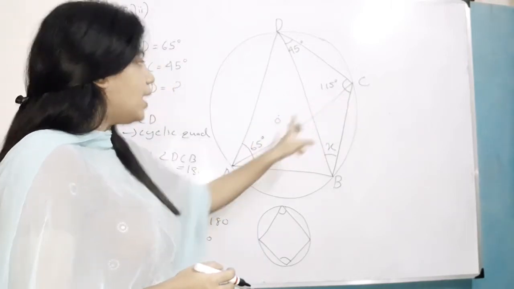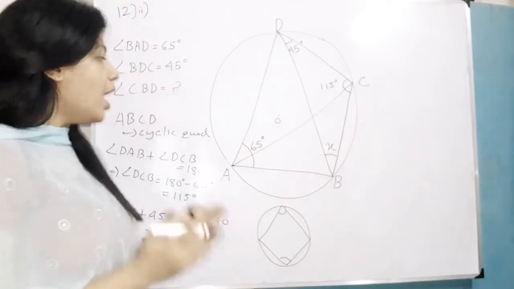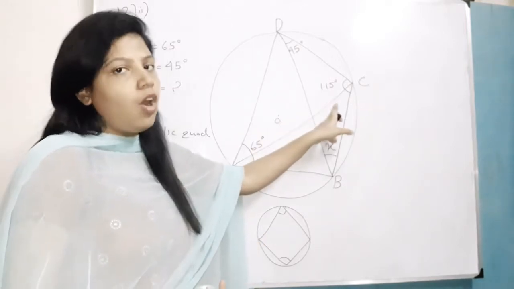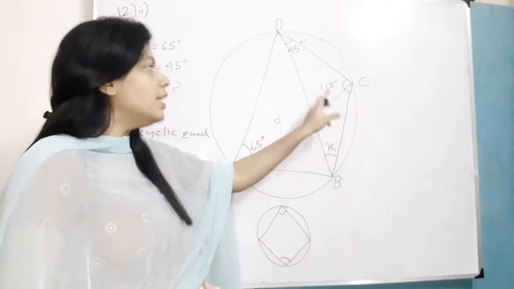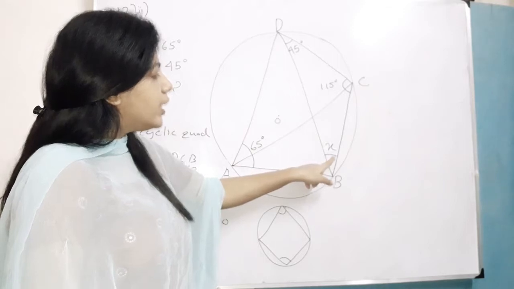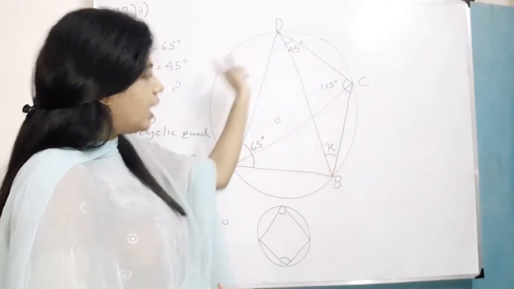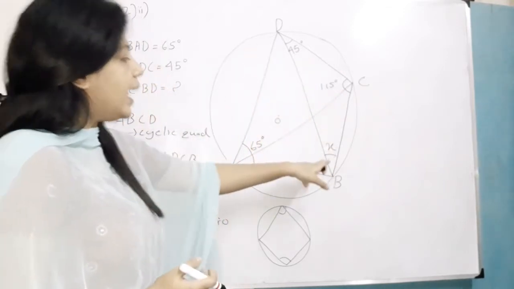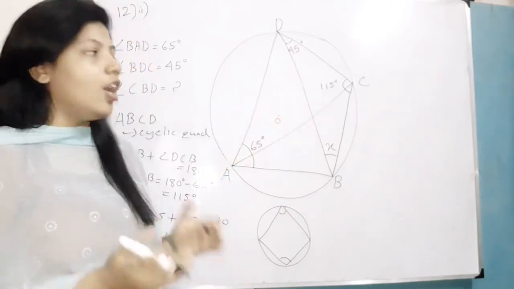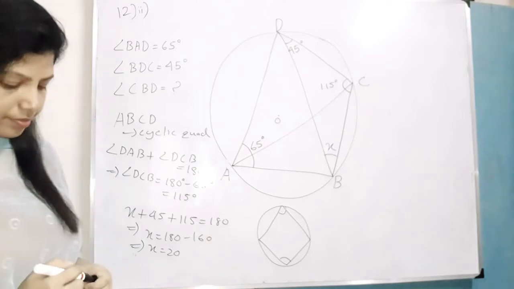So angle A plus angle C equals 180. I know that angle A is 65. So angle C, what will it be? Obviously 180 minus 65, that will be 115. Now I have to find this one. If I take this triangle BCD, that means X plus 115 plus 45 will be 180. Now from there solve X.